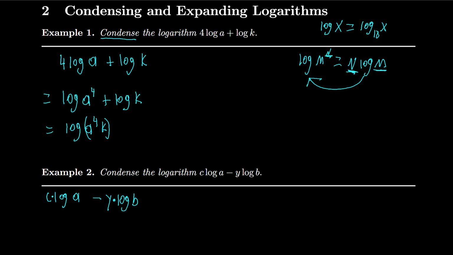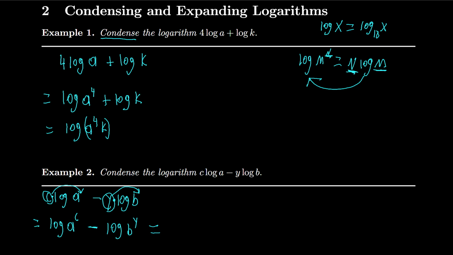That's that third property that we're allowed to use. So this equals the log of a to the c, the minus stays put, and the log of b to the y. So we can just tuck these back up in here as powers. That's how that works.